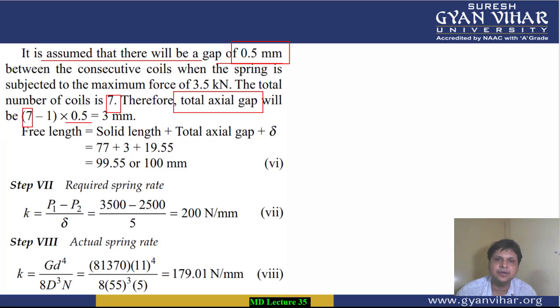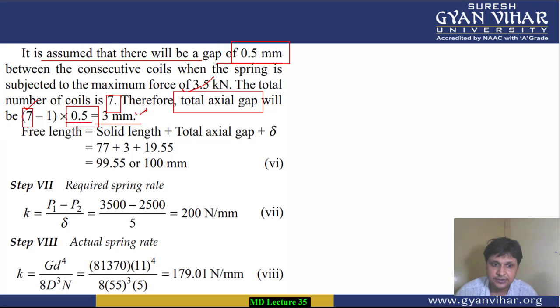So we have taken 0.5 mm. Total number of coils is 7, so NT minus 1 into 0.5 will give you the total axial gap. On calculation, you will see that total axial gap is equal to 3 mm.